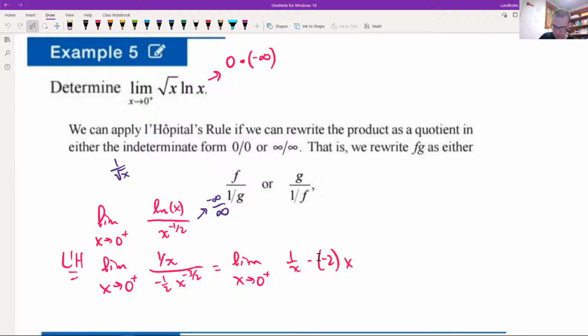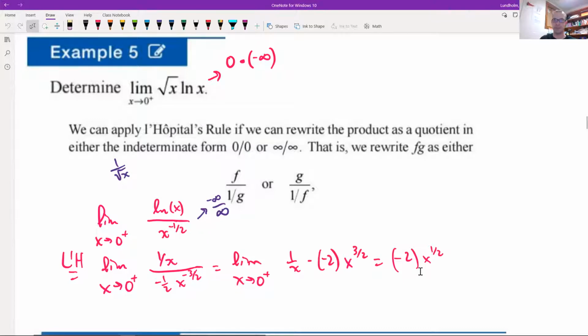And we've also got x to the 3/2 power. Now, 1 over x and x to the 3/2 power is going to allow us to combine those. 1 over x is just x to the negative first. So we have negative 2 times x to the 1/2 power, or the square root of x.